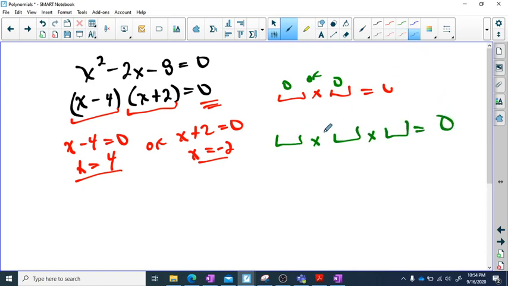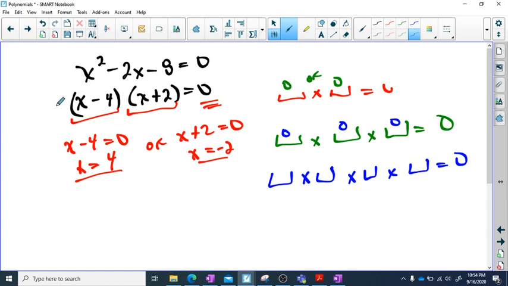The only way you can multiply 3 things together and get 0 is if one of the 3 is 0. They don't all have to be 0, but at least one of the 3 has to be 0. That wouldn't change if I had 4 different factors multiplied together and the answer is 0. One of those 4 has to be 0.